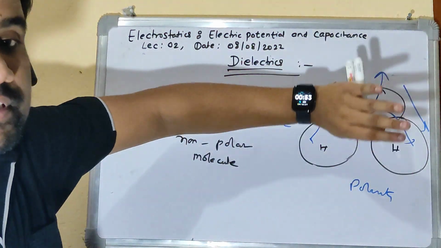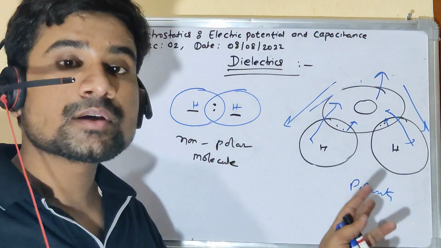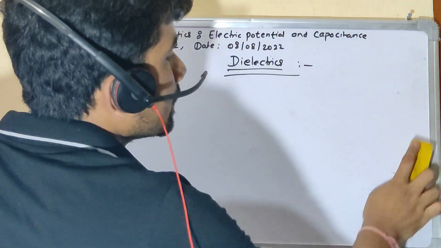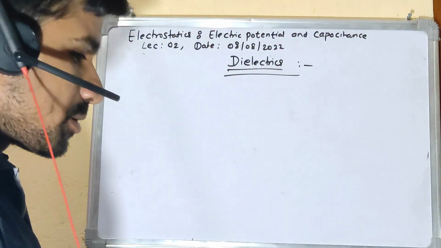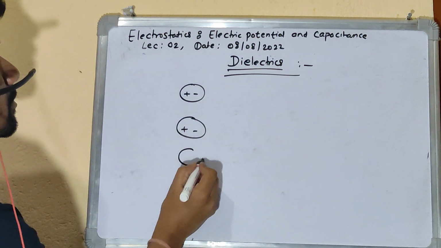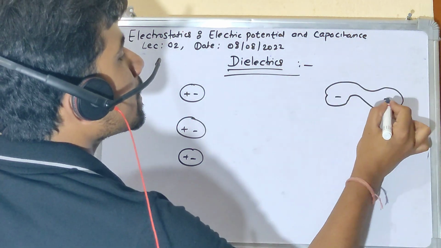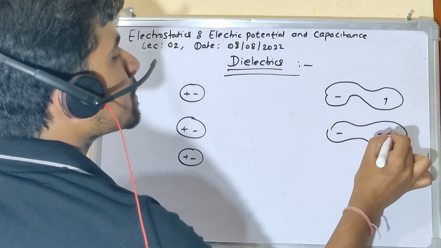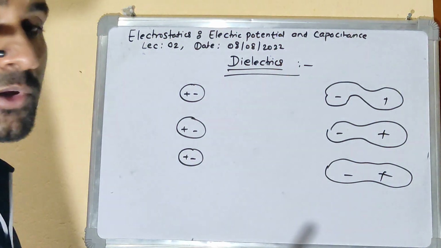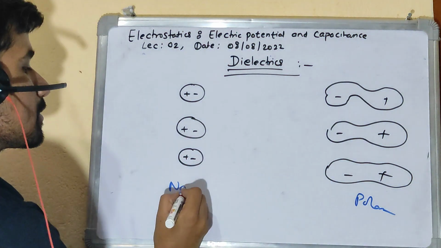The center of negative charge lies away from the center of positive charge, and hence this is a polar molecule. So in non-polar molecules the positive and negative charge centers coincide, while in polar molecules we have distinct separated centers, roughly like this.